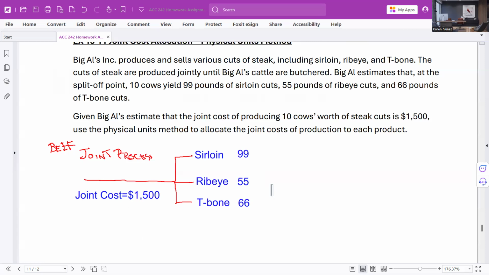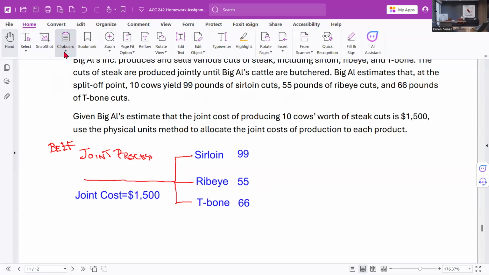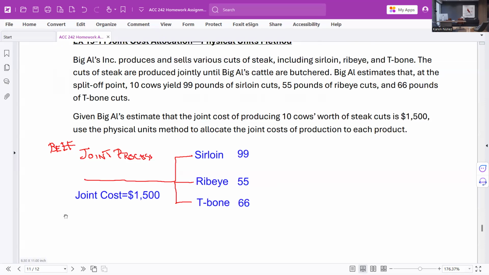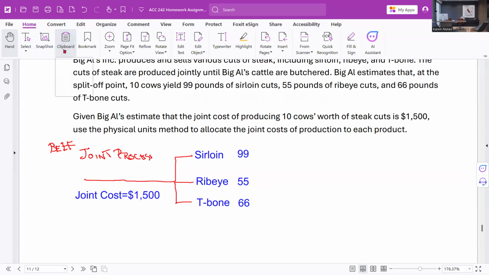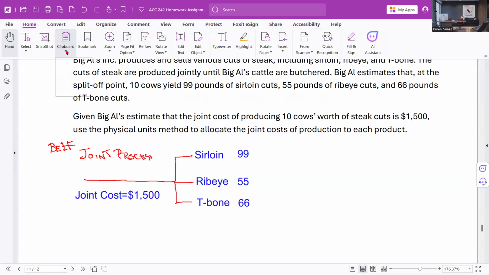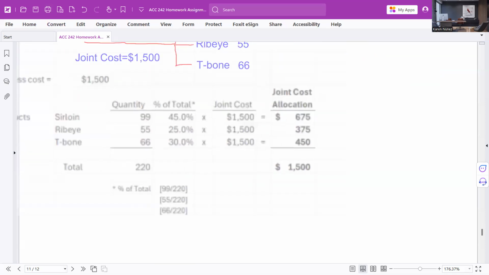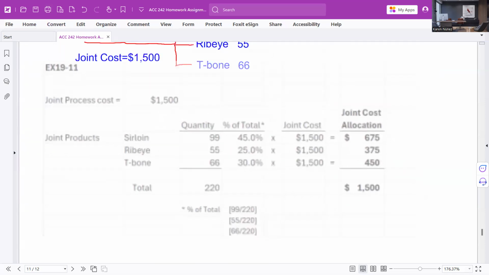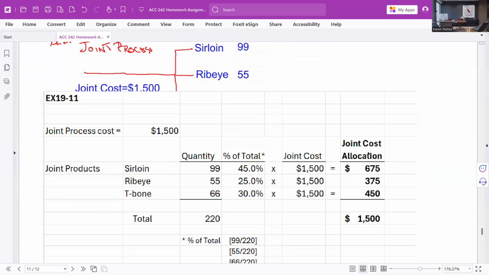So our allocation, based on having $1,500 in the joint cost, 99 pounds of sirloin, 55 pounds of ribeye, 66 pounds of T-bone.